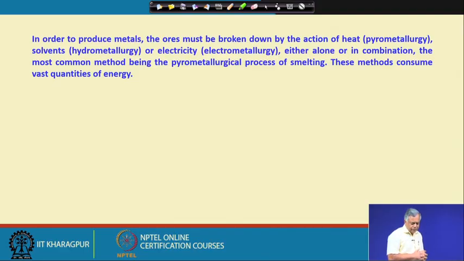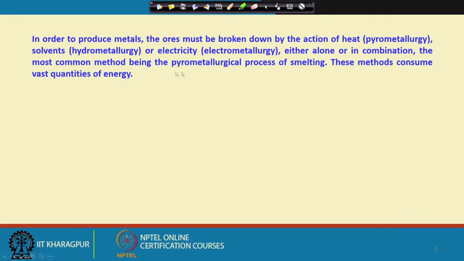When you have mined an ore, how do you produce metals? The ores must be broken down by the action of heat. That is, you have to bring the contained metal into a molten stage, and the gangue materials also have to be in the molten stage, and then we have a separation and we can extract the metals out of that.